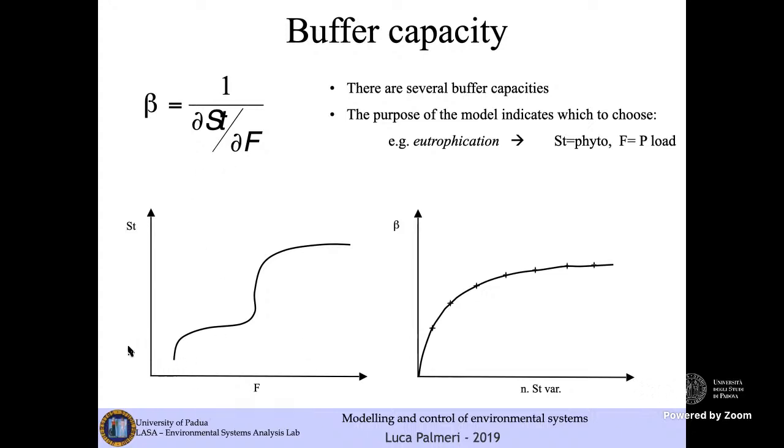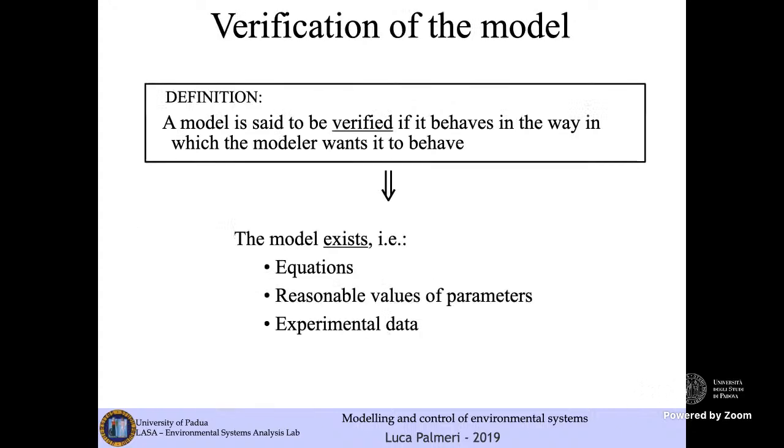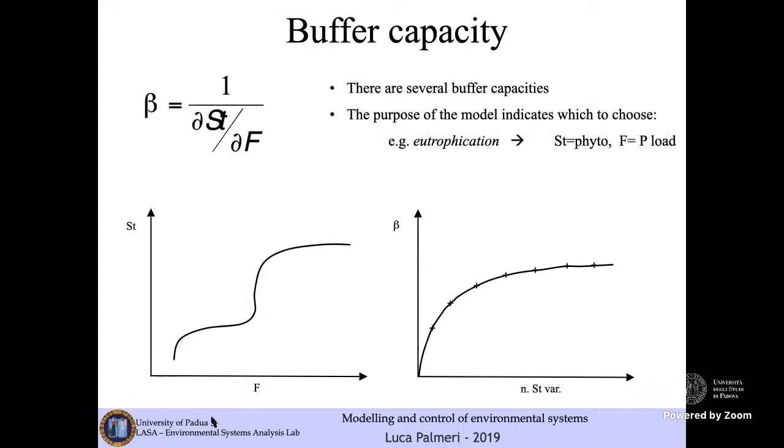In this case, if we plot forcing function against state variables, we see that passing from this level of forcing function to this level of forcing function, here we do not have a significant variation of the state variable as a consequence of a significant variation of the forcing function.